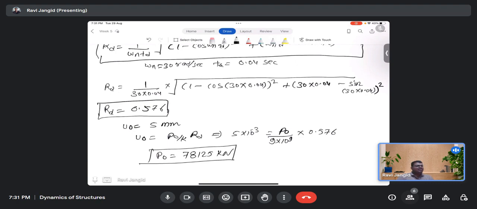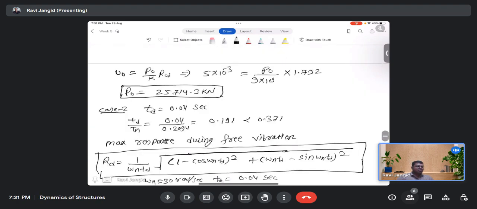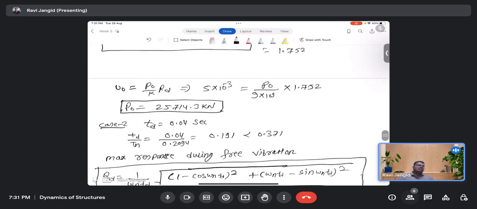Forget about the plot. You find out the RD using forced vibration as well as free vibration. Then if my RD is less than 0.371, my response would be during the forced vibration.